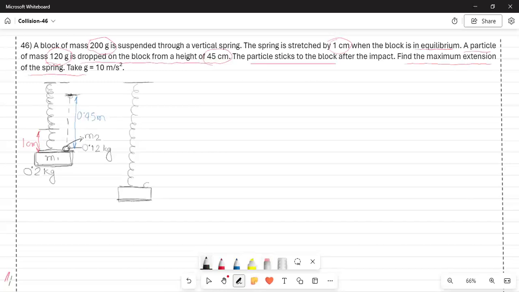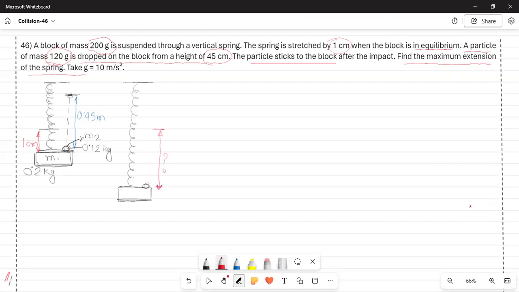And here, this small body is stuck to it. Find the maximum extension. That means they want us to find out, the spring neutral was here, from here to here, what is the maximum extension? Earlier already it was 1 centimeter, and including that 1 centimeter, what is the maximum extension?